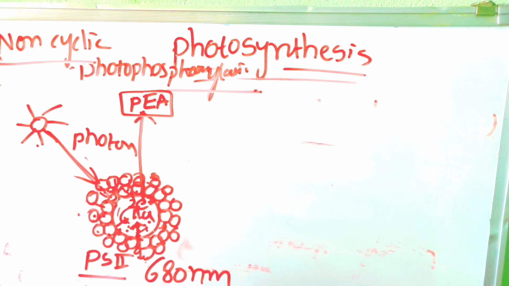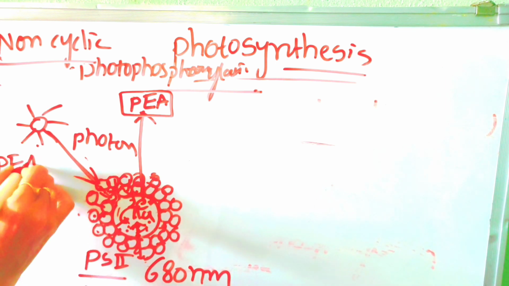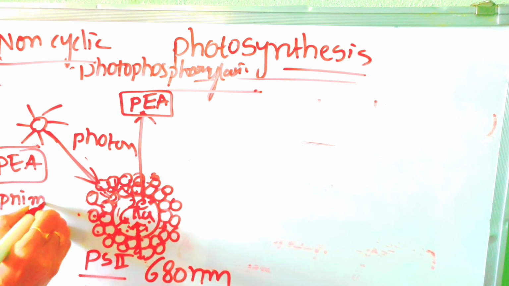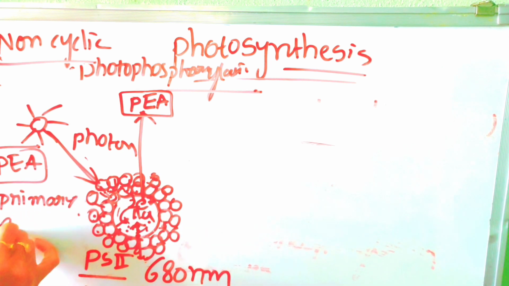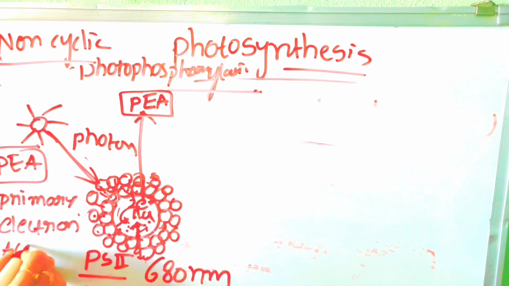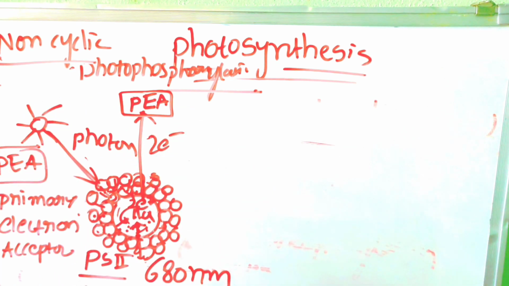What is PEA? PEA is very important for NEET. P means primary, E means electron, A means acceptor. This primary electron acceptor absorbs the excited electrons.